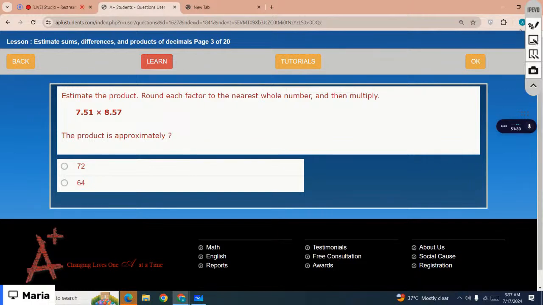Option number 1 is the correct option. That is 72.